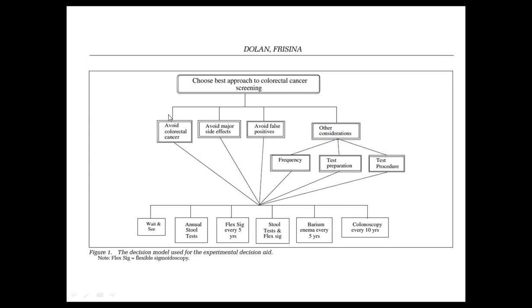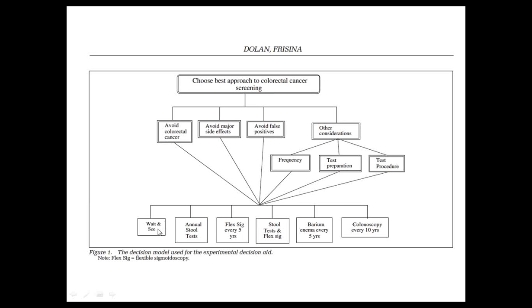And the aims are to avoid colorectal cancer, to avoid major side effects of screening, to avoid false positives in screening, and a category of other considerations which are subdivided in the frequency of testing, the preparation needed for testing, and the procedure involved in the screening test. Now there are 6 alternatives which are compared.